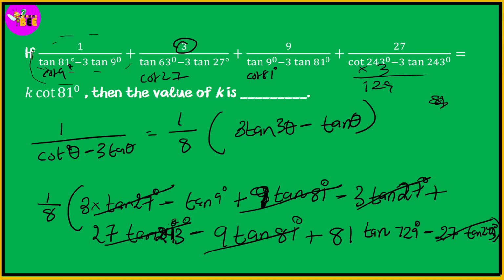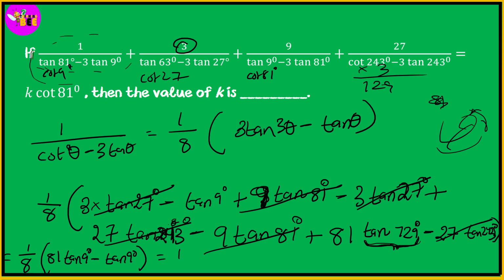Now, tan 729 degrees is basically tan 9 degrees because it just completed 2 rotations throughout the quadrant and then 9 degrees more to get tan 729 degrees. So, we can rewrite this as 1 by 8 times 81 tan 9 degrees minus tan 9 degrees, which is equal to 1 by 8 times 80 tan 9 degrees, which is equal to 10 tan 9 degrees.